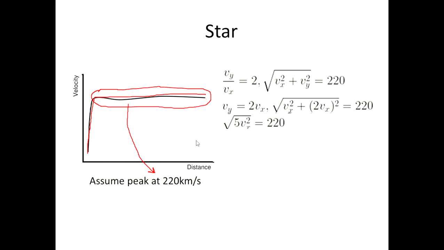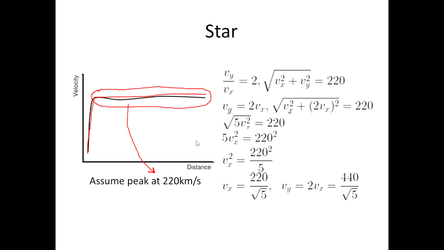When we do the math, we get that 5Vx squared is 220 squared, so Vx is equal to 220 over the square root of 5, and Vy is just 2Vx, 440 over the square root of 5. We can simplify: Vx is 44.5 kilometers per second and Vy is 88.5 kilometers per second.